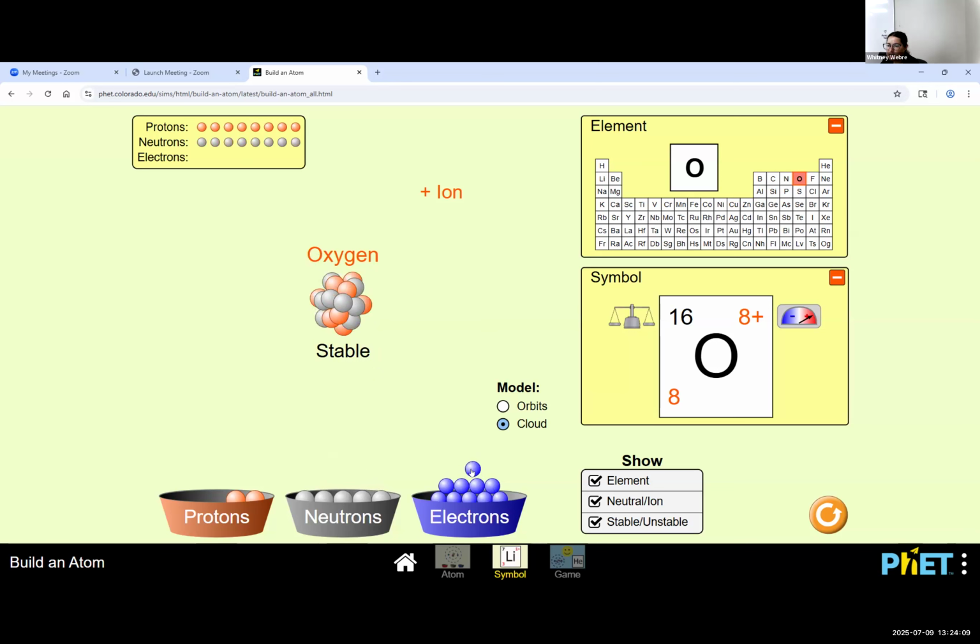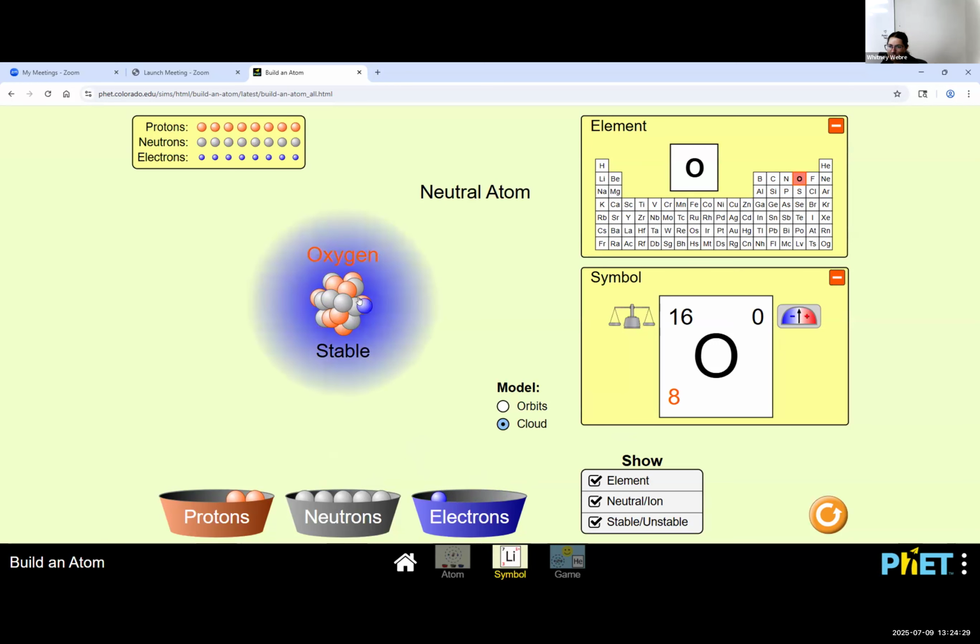I'm going to add electrons. Oh, oxygen. What charge does oxygen want to be if it's an ion? 2 minus. I'm going to add until there's 2 minus. That means I have 2 extra electrons because it has a 2 minus. That's happy oxygen when it's in a 2 minus ion state. If it was neutral, you just take those 2 additional electrons out, but it's still oxygen.